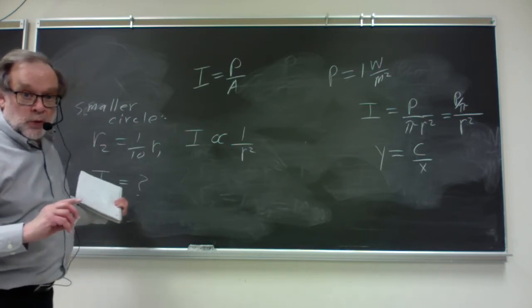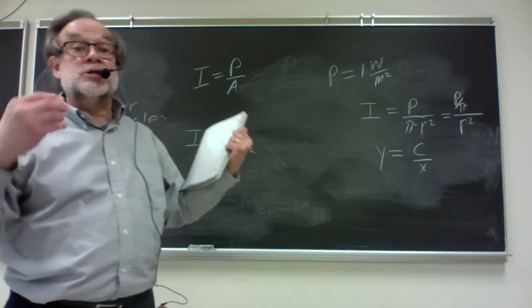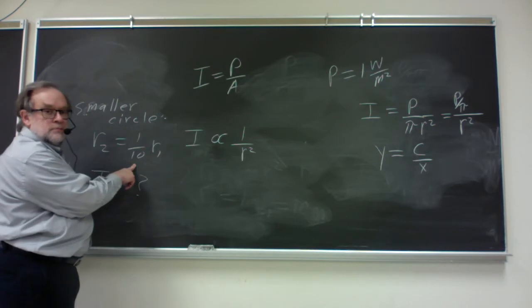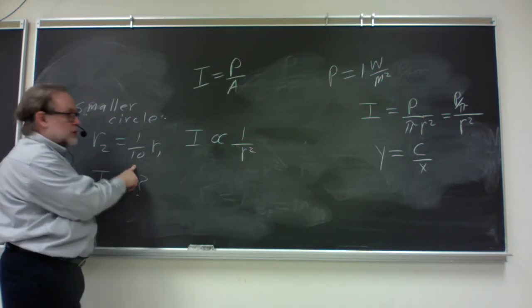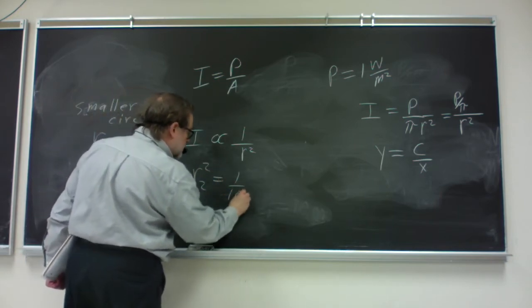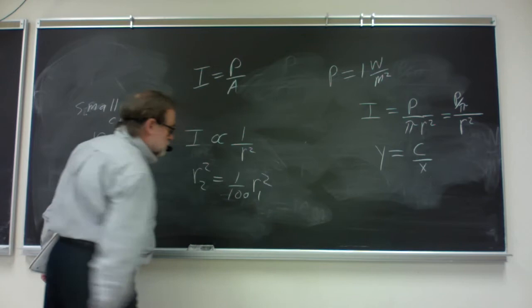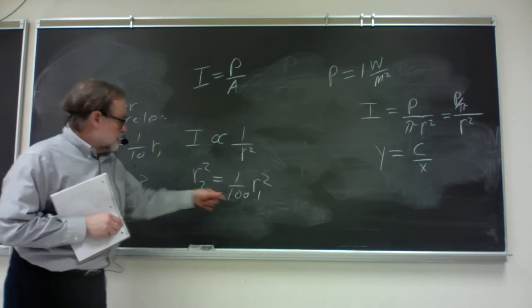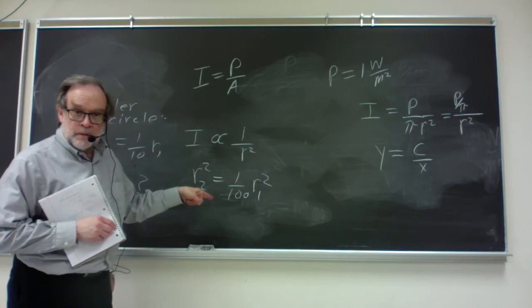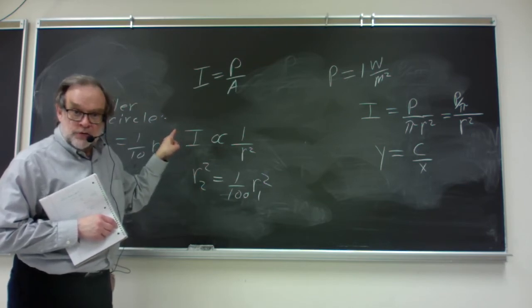So we're given how radius changes, we need to figure out how radius squared changes. And that's easy. Again, just like in the previous example, square this equation. New radius squared is 1 over 100 times old radius squared. So radius squared changes by a factor of 1 over 100, so intensity changes by the inverse factor.